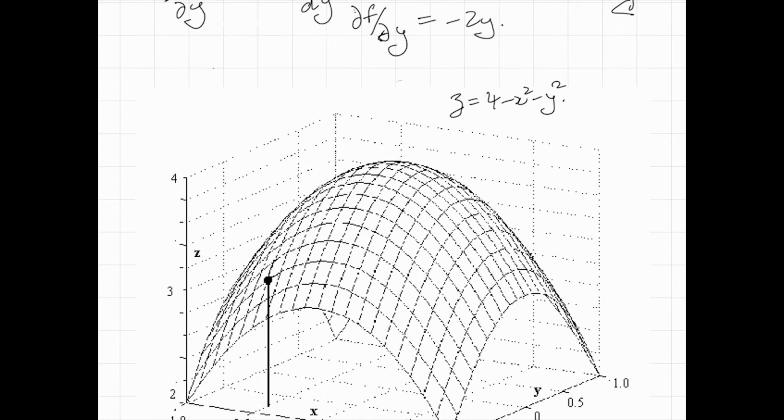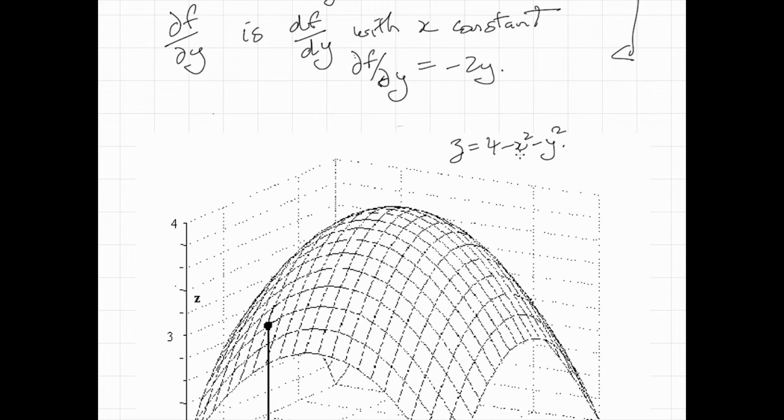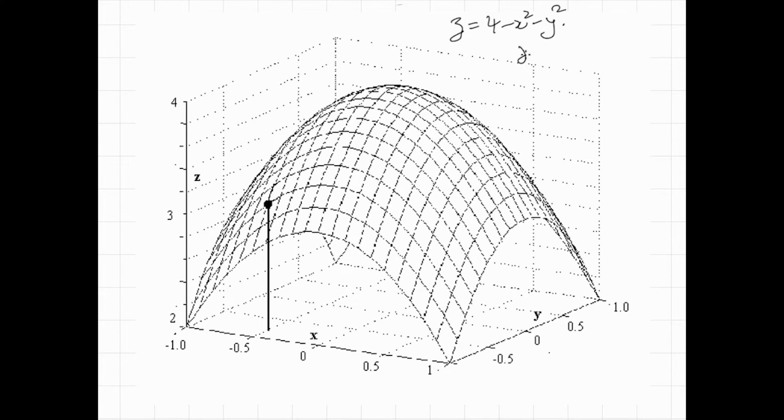And from above there we've got partial df dx is equal to minus 2x. So let's write that in. This is f of x, y. Partial df dx is equal to minus 2x, and partial df dy is equal to minus 2y. Now what does that mean? Don't forget, partial derivative of the function with respect to x, we're saying y is constant.